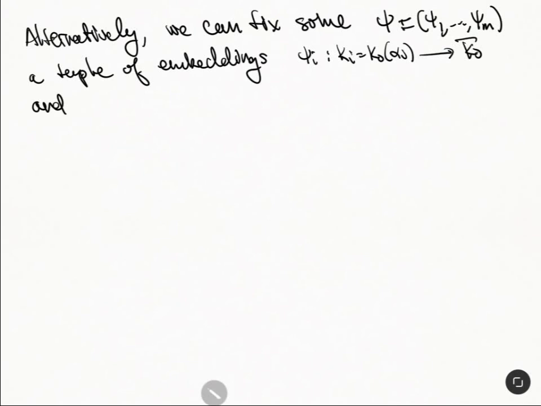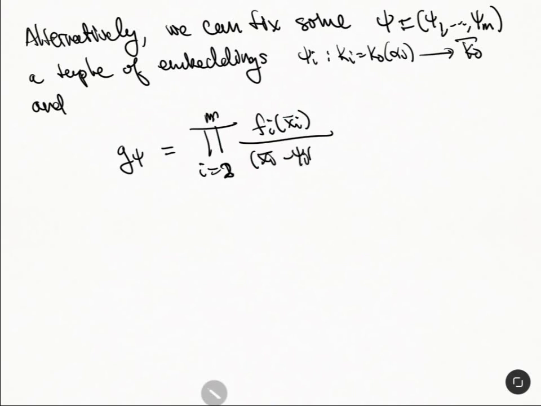Then here we'll use that g psi looks like the product from i equal to 2 up to m of fi of Xi, still in the quotient, over Xi minus psi i alpha i, times 1 over f prime i of psi i alpha i. Okay, so this is another notation for the same thing.